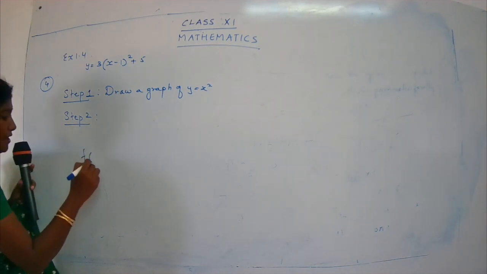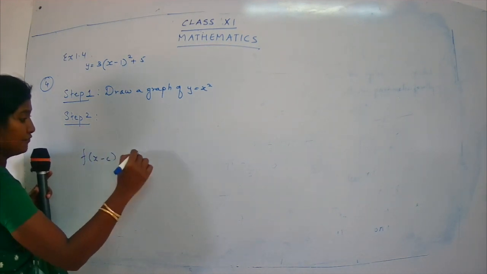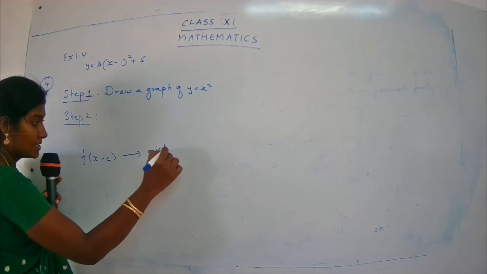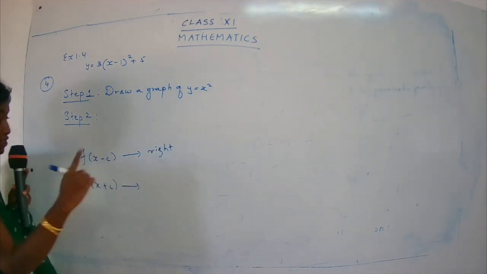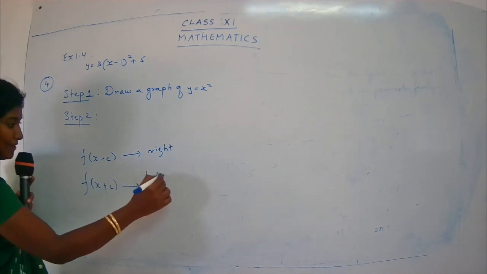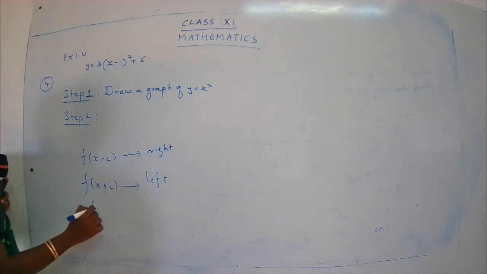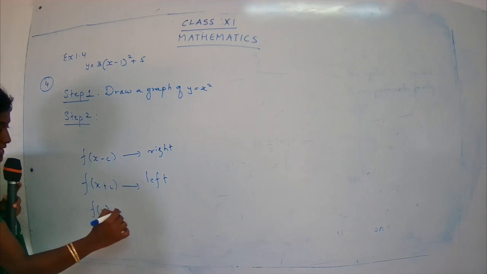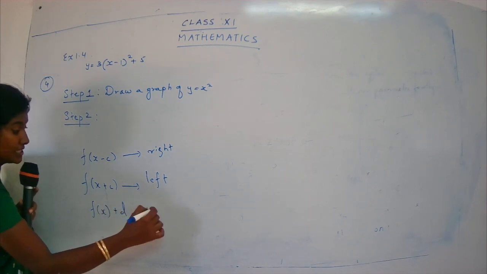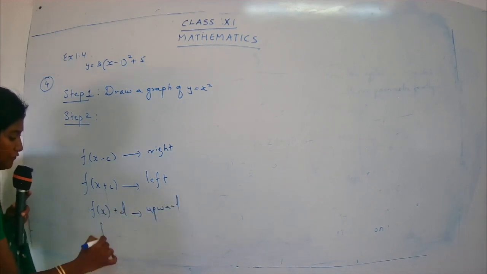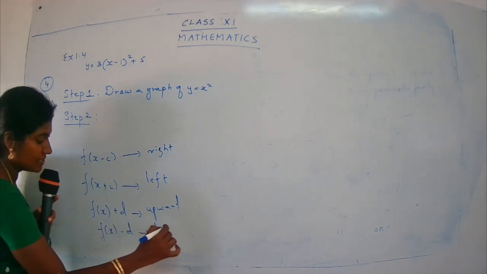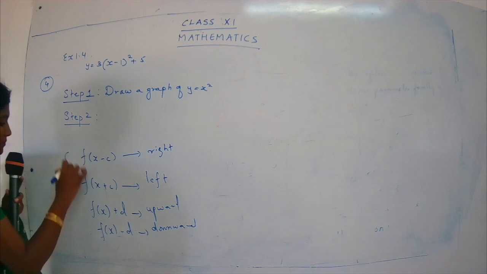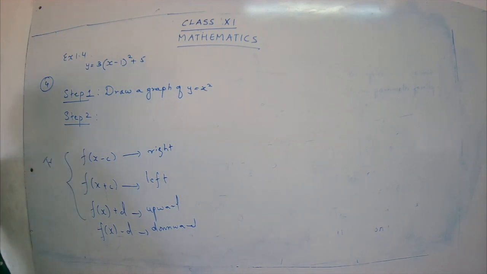If you have f(x plus c), the shift is to the left. And if you have f(x) plus d, the shift is upward. And if it's f(x) minus d, the shift is downward. So this comes under translation.